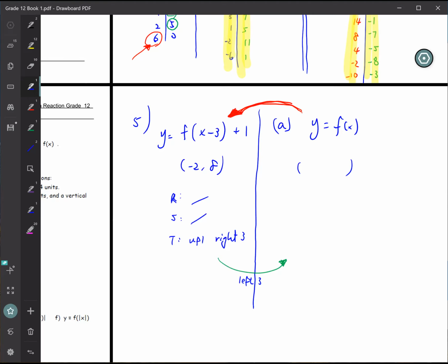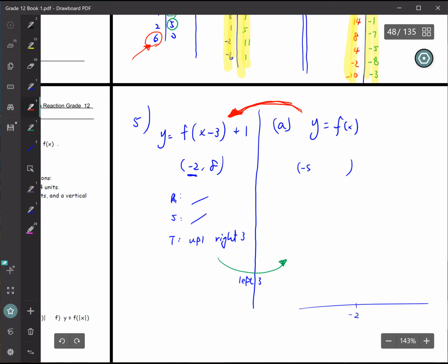Used to be -2. Think about number line right now, right? Oh, -5. Yes, okay. And then you move it to the left. So if you go to the right by 3, then you go to -2. Look at the color. Right 3 is following the red. Left 3 is following the green.